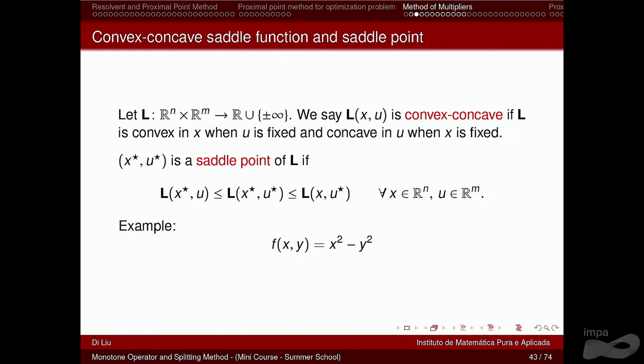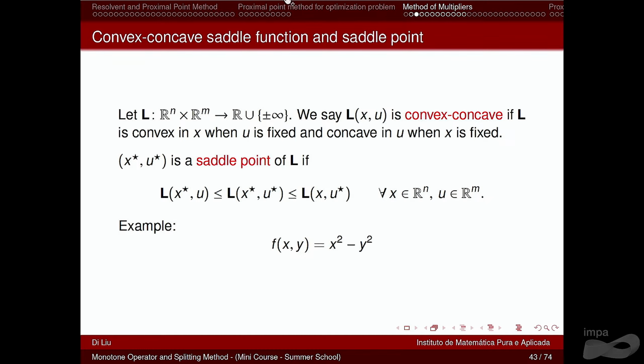We say the function L is defined on R^n times R^m and permits both negative infinity and positive infinity. We say this function L(x,u) is convex-concave if it is convex in x when u is fixed, and concave in u when x is fixed.